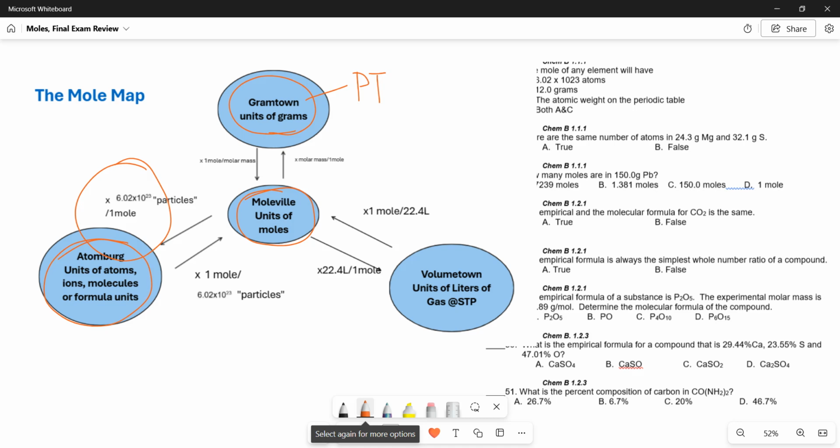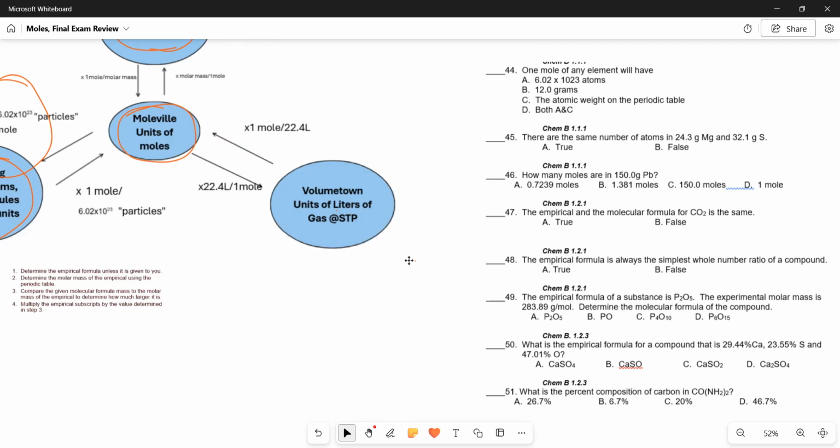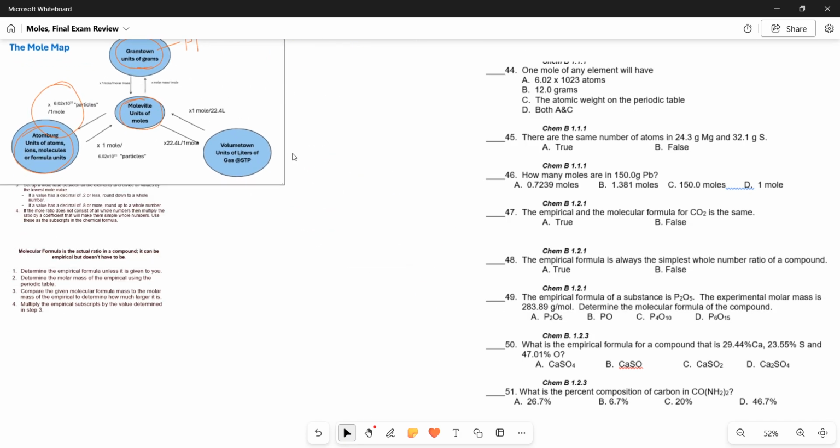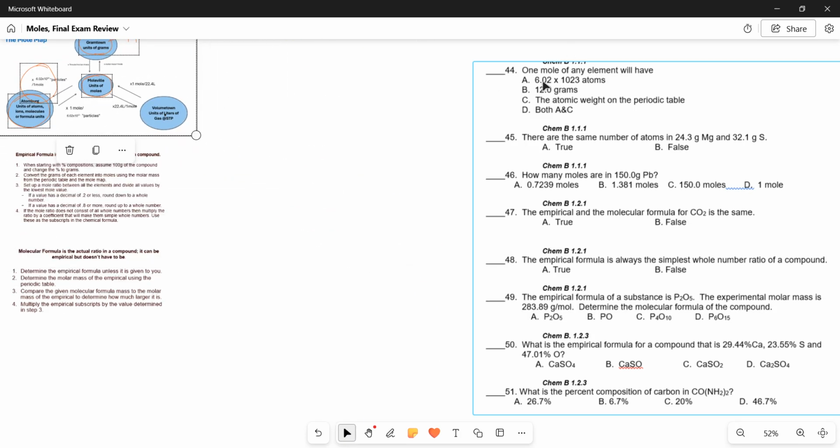So looking at my selection here for my question, let's see which applies most to what we've talked about. I'm trying to get this to minimize for me. There we go. If we look at the question, yes, there are 6.02 times 10 to the 23rd atoms. That should be superscripted there, that 23. 12 grams, no. If I look at the periodic table, the substance of 1 mole that has 12 grams is carbon.